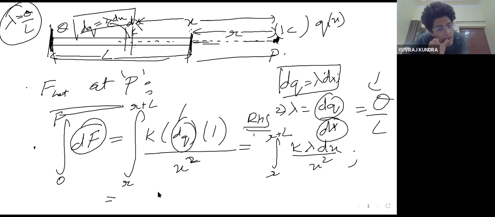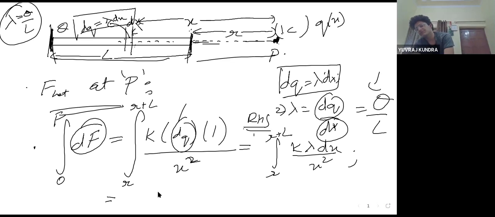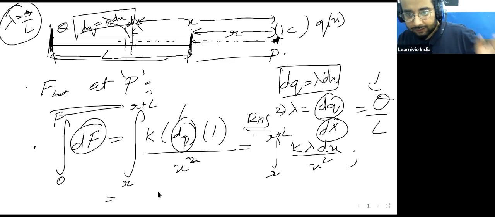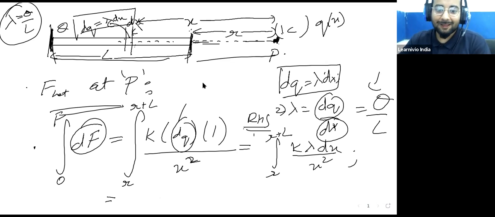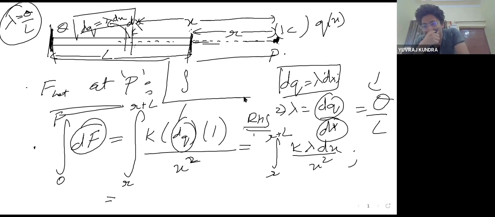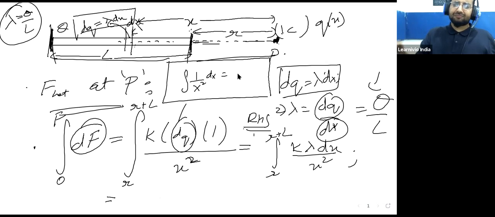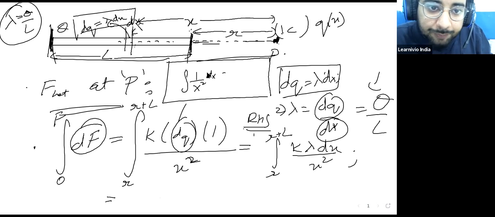What's the integral of 1 over x square? Let's not worry. So 1 over x square dx. We just need to integrate this. Well, let's talk about it generally, right? We know what happens generally.